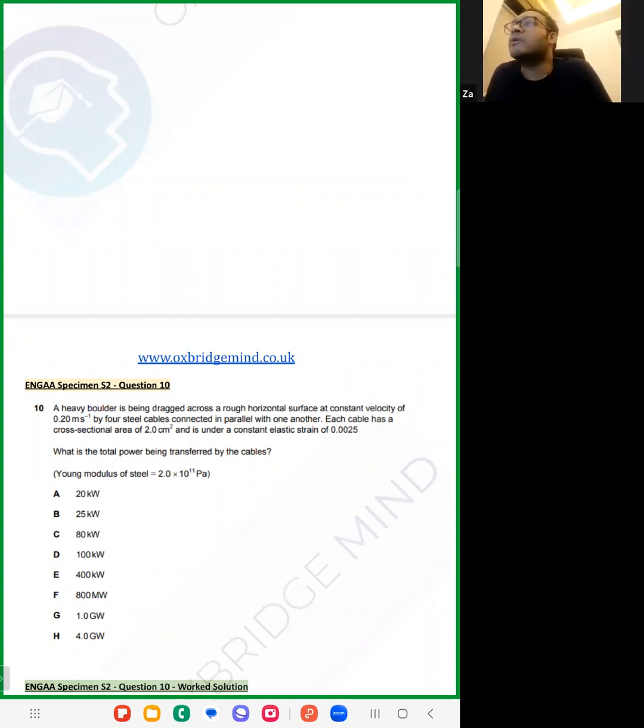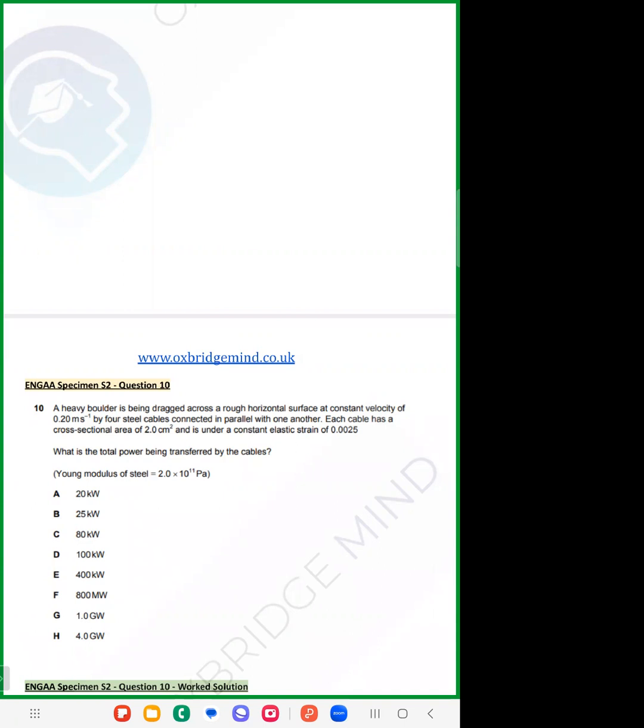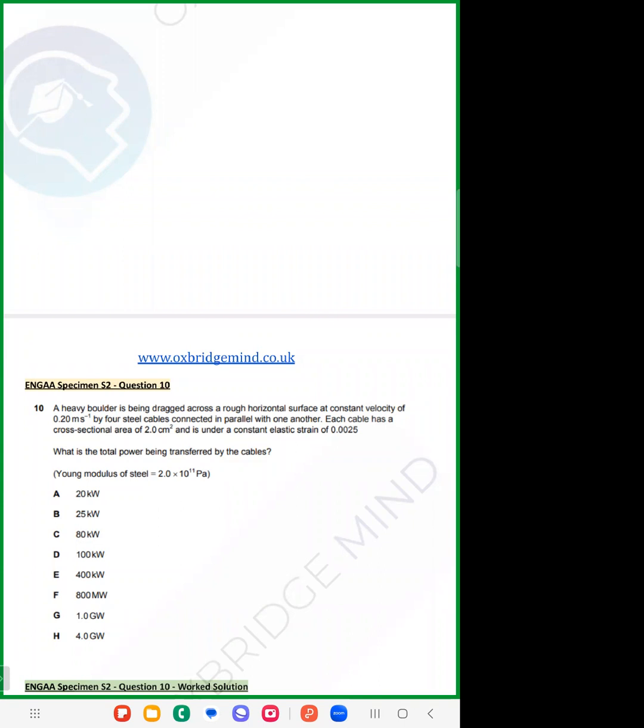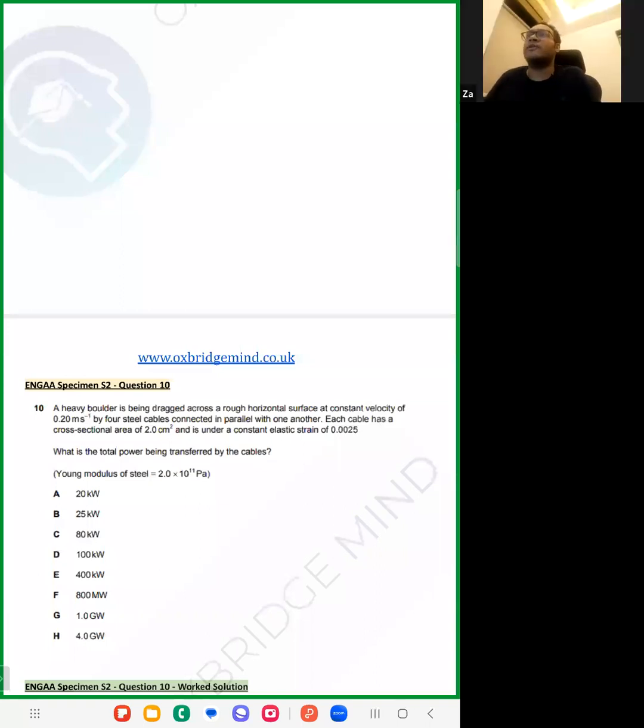Khushi, in your book, they are giving the energy over there as half F into X. Okay, they haven't given that formula. I was just surprised. We've done that formula at school, half stress into strain into volume. That formula you have done? Oh, no, that we haven't. I don't think it's in the syllabus. It might not be there in the book even, right?